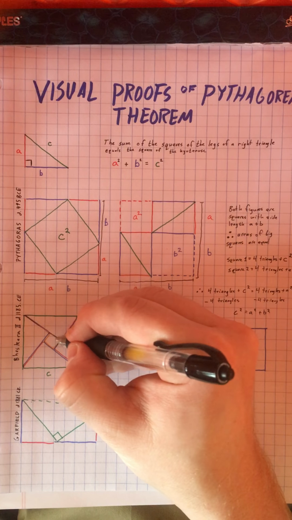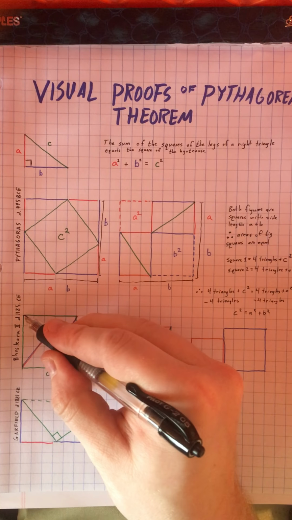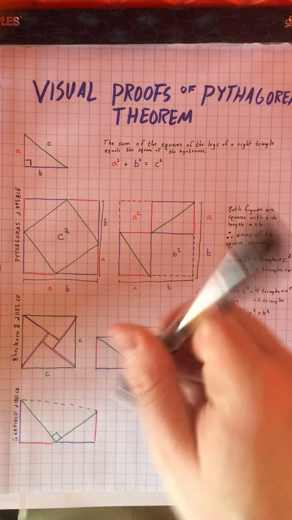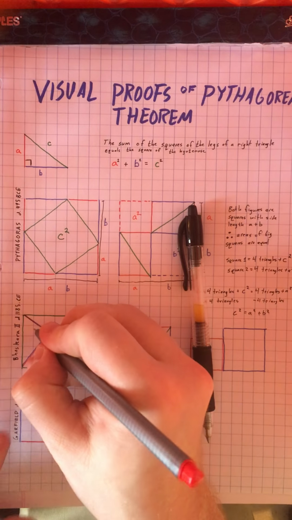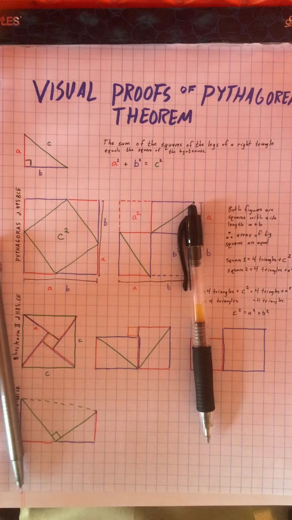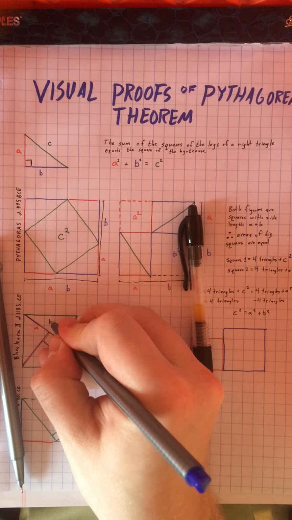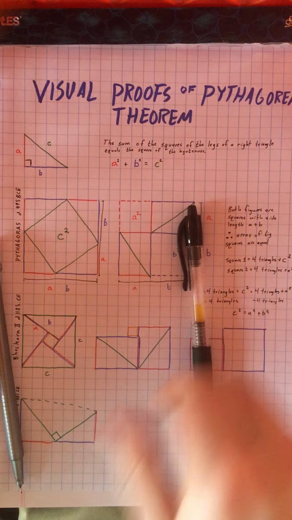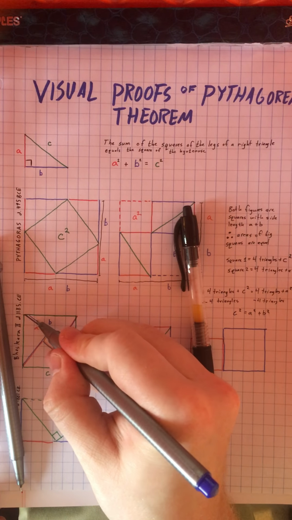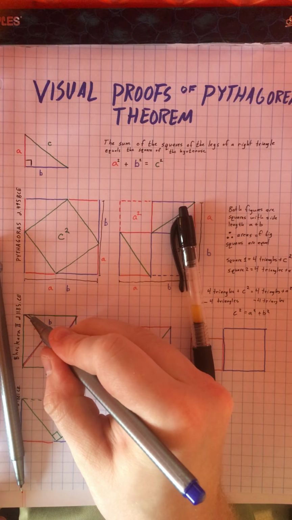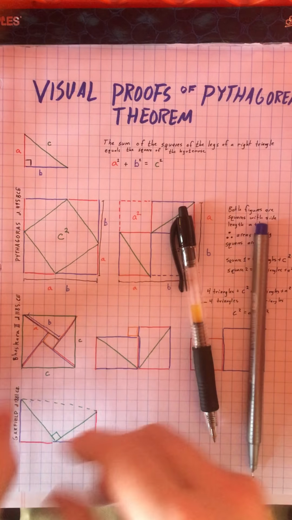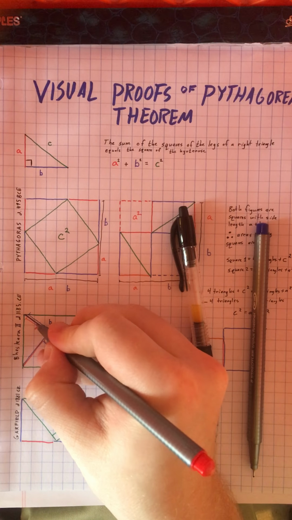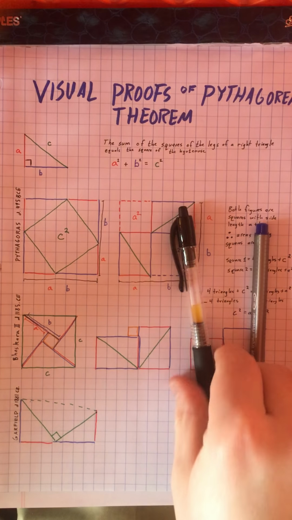So if this whole distance is B, and this distance is A, which I can label, then the part that is left over has to be the difference between the two.